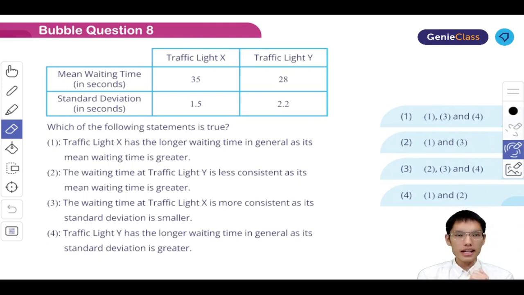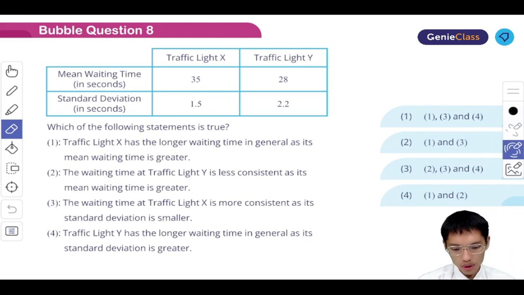Of course, in exams this set of questions won't come out, they won't tell you the true statement. But they will ask, based on the data above, state one observation that you can explain between traffic light X and traffic light Y, and then maybe one about mean and standard deviation.